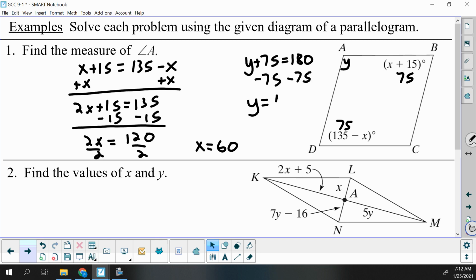That'll tell us that y is equal to 105. So we've now found that the measure of angle A is equal to 105 degrees. So we had to use two different parallelogram properties to eventually get the answer in this one.